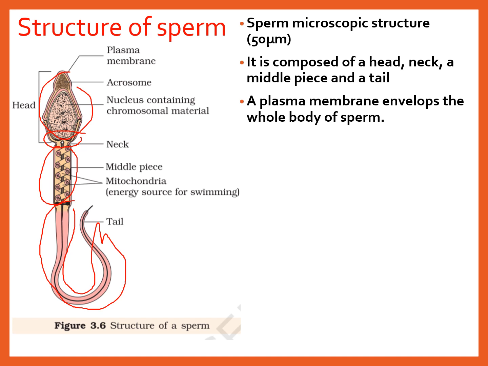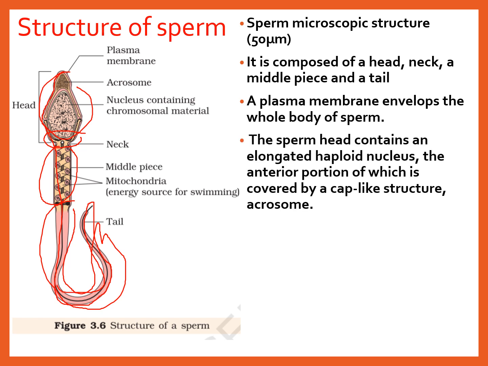The sperm is enveloped by a plasma membrane. So if you see the sperm, all over you have a membrane which is the plasma membrane. The sperm head contains an elongated haploid nucleus. So this is your nucleus which is elongated and it is haploid.